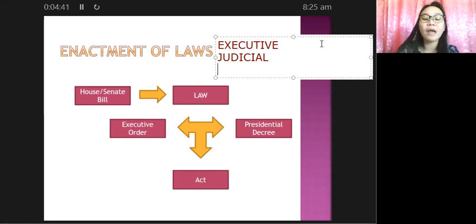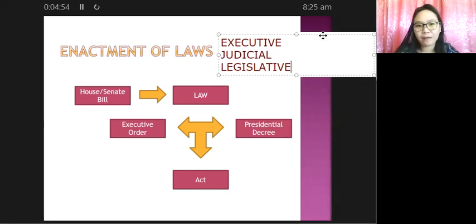And then lastly, we have the legislative branch. This is the branch that is concerned with the enactment of laws, or making laws in simpler terms.